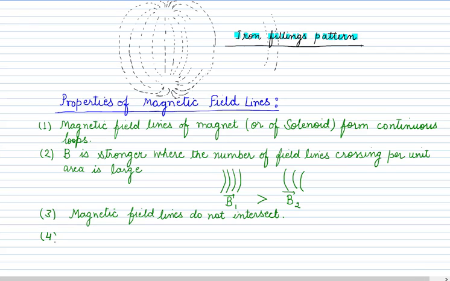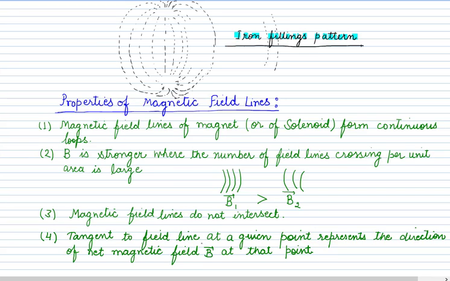The fourth and very important point is that at any point on a magnetic field line, if you draw a tangent, you will find the direction of the net magnetic field B. So if there is any point where you want to know the direction of the net magnetic field, simply draw a tangent to the magnetic field line, and the direction of the tangent gives the direction of the net magnetic field.